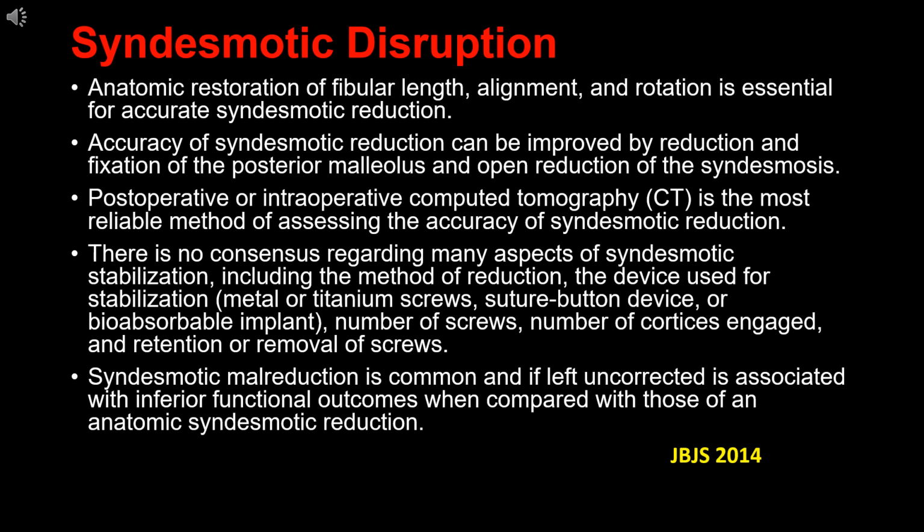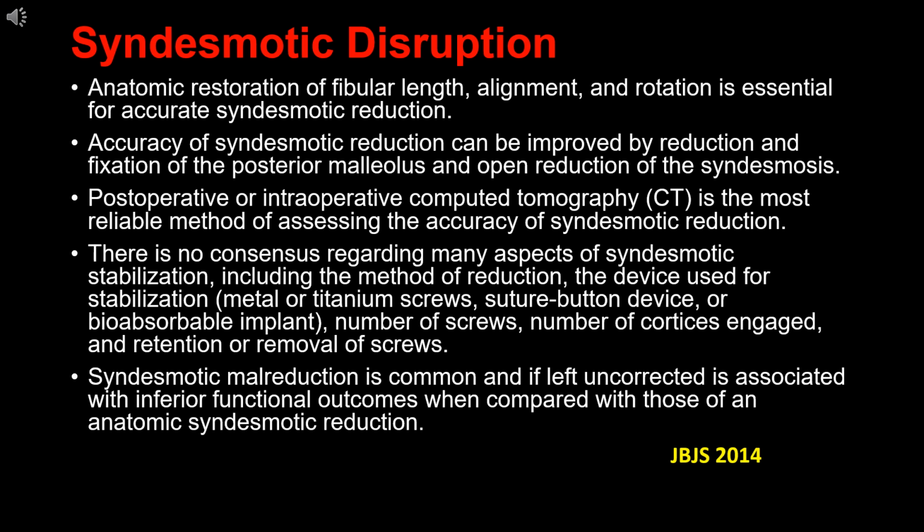Anatomic restoration of fibular length, alignment, and rotation is very important for accurate syndesmotic reduction. Accuracy of syndesmotic reduction can be improved by reduction and fixation of the posterior malleolus and open reduction of the syndesmosis. Post-operative or intraoperative CT scan is the most reliable method of assessing the accuracy of syndesmotic reduction.